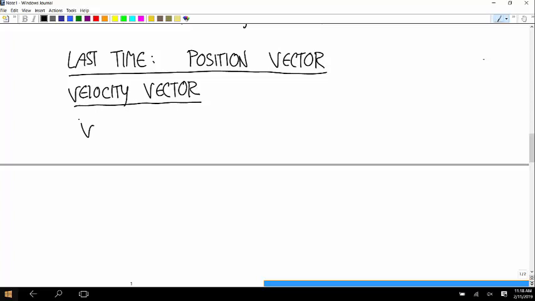So the velocity vector as a function of time is just equal to the time derivative of the position vector, which means exactly the same thing as the position vector dot.